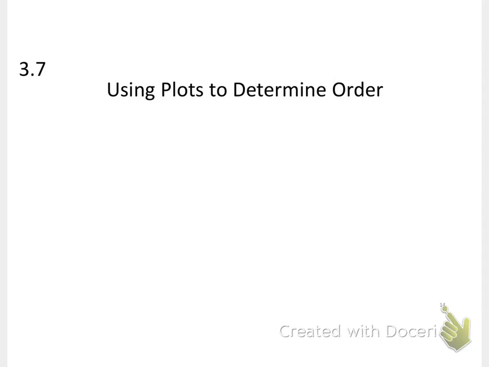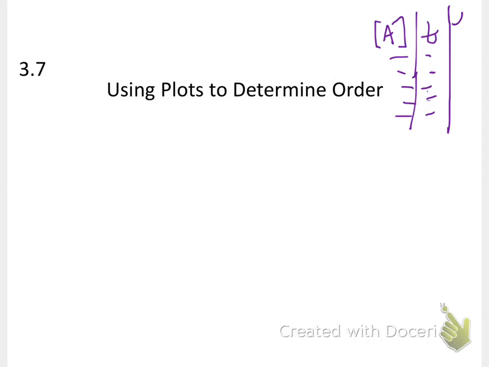We can use plots to determine the order of a reaction. So let's say you're given, again, concentration and time, and you get a bunch of data. You can try plotting the data and seeing what order it follows based on what creates a straight line plot. The most likely order is always first order. So I could use Excel and determine the log of A. And then I could plot this as my x and this is my y.